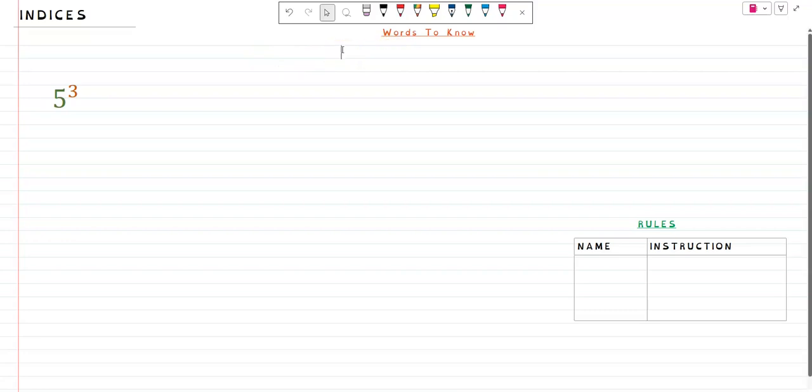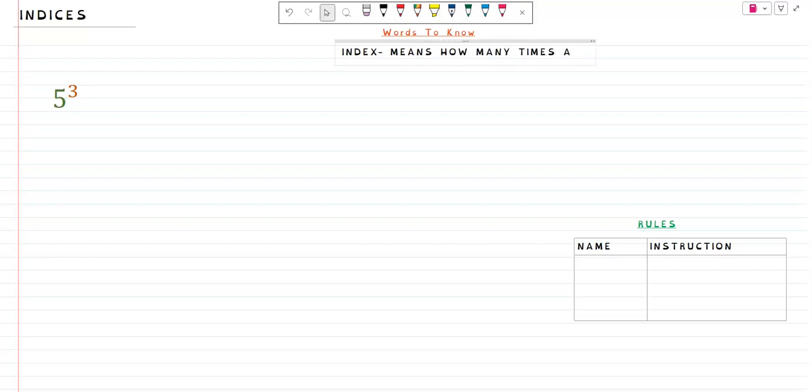We need to know what these words mean. The first word that we need to know is index. What is an index? An index means how many times a number is multiplied by itself.